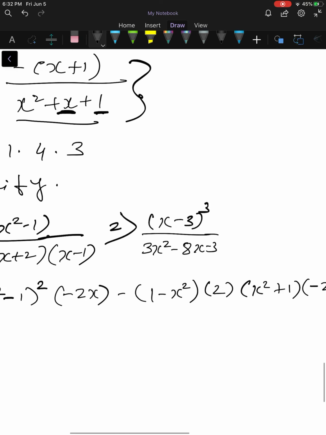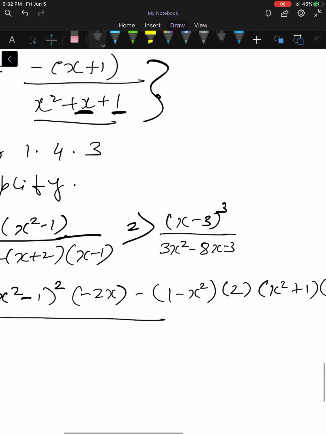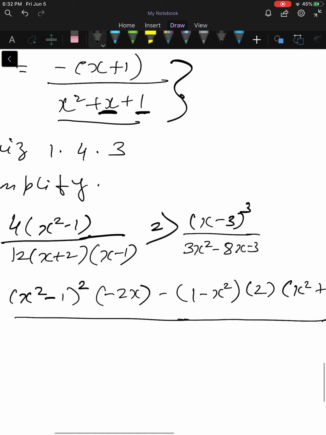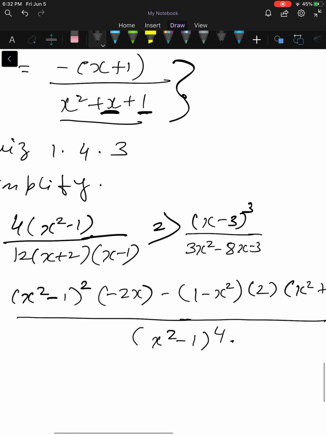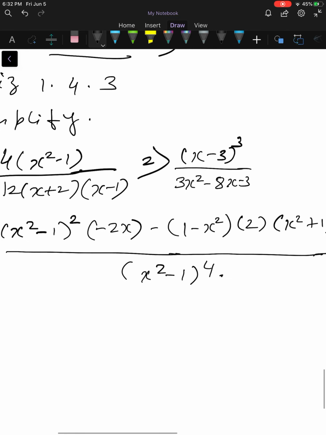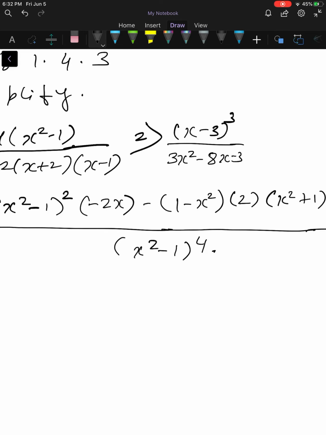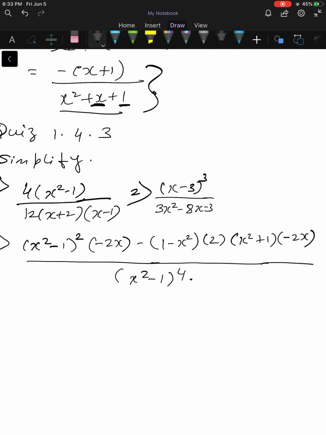Times negative 2x divided by whole divided by x square minus 1 the whole to the power of 4. So be careful with the sign and there are common factors. You can cancel out some common factors. Think about it and solve it.